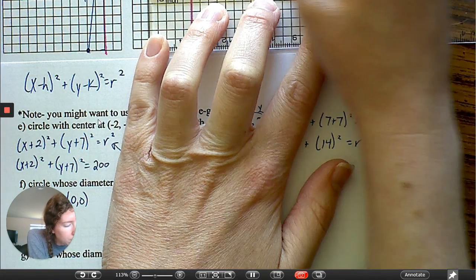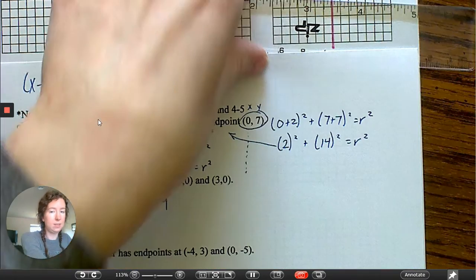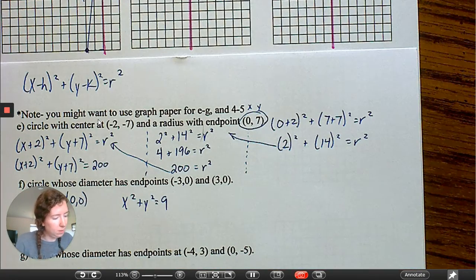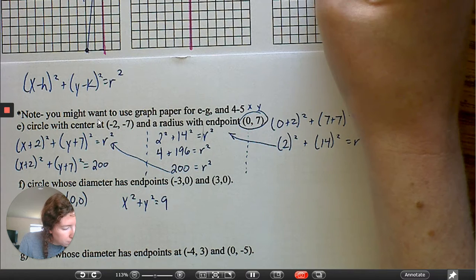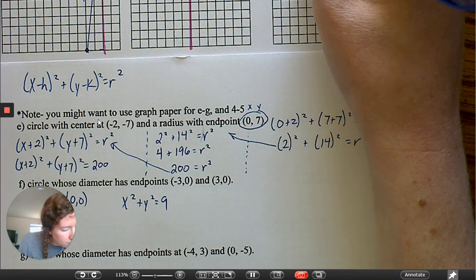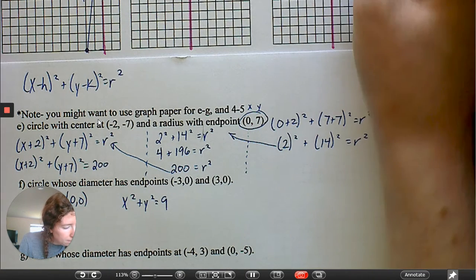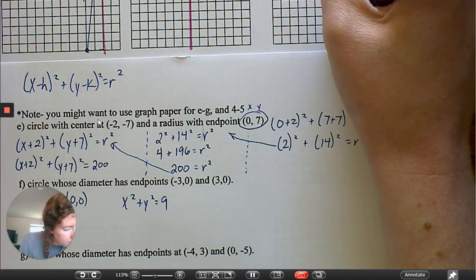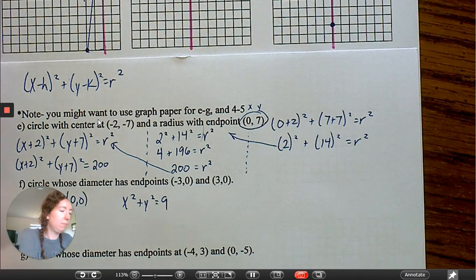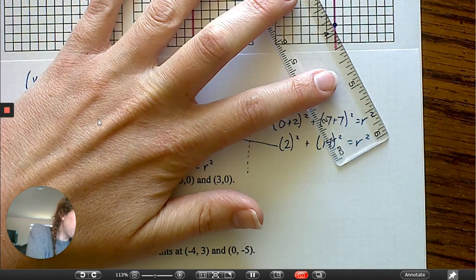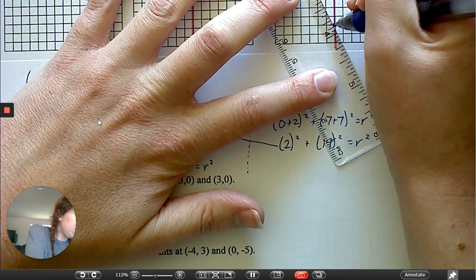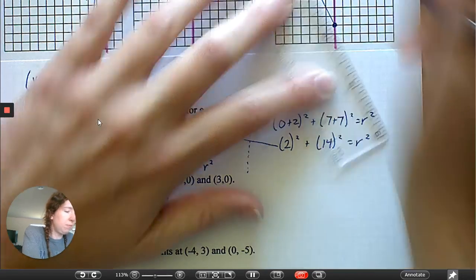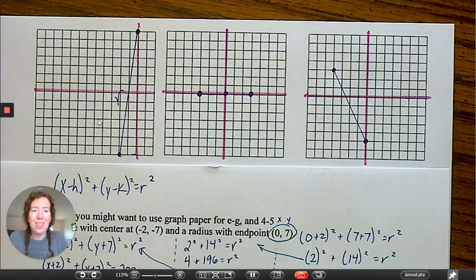I'm counting by 1 on all of these axes. (-4, 3), and (0, -5). Okay. That right there is my diameter of my circle. Now you can see it. There's my diameter.